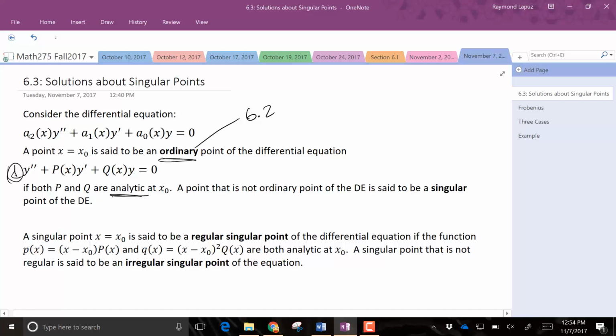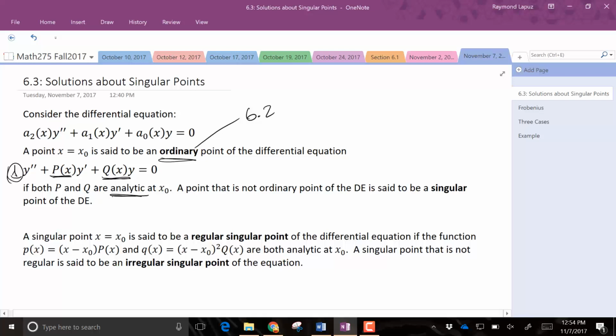So really what you're looking at are places where a2 of x is equal to 0. If it's equal to 0 at x naught, then that makes it a singular point. So we would have singular points based on this standard form of differential equation.